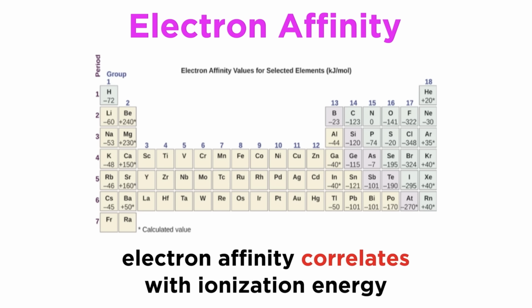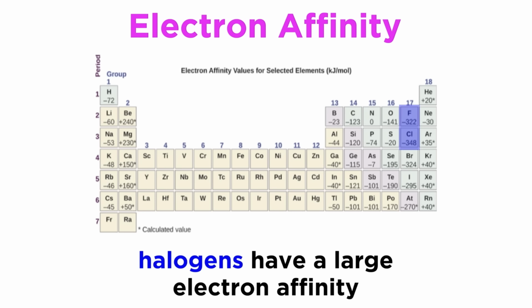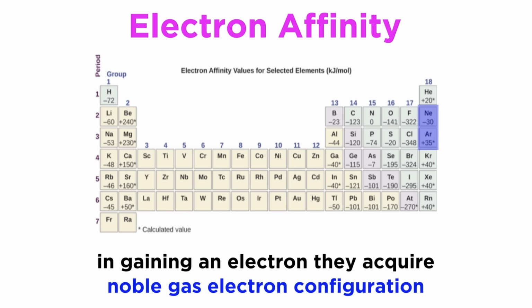Looking at this table, we can see that the trend is similar to the ionization energy trend, since the harder it is to remove an electron, or the higher the effective nuclear charge, the easier it is to add an electron, and thus a greater electron affinity. This is why elements like fluorine and chlorine have very large electron affinities, as gaining an electron will endow them with noble gas electron configuration, which is a very stable situation.